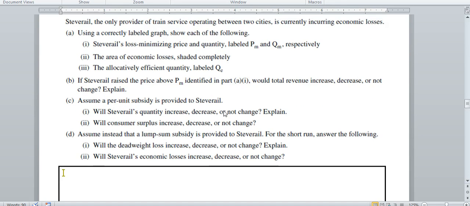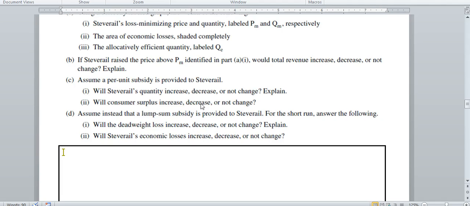Okay, what else? All right, now this is where it gets a little bit tricky. Assume a per unit subsidy is provided. Will the quantity that they produce increase, decrease, or not change, and will consumer surplus increase, decrease, or not change?